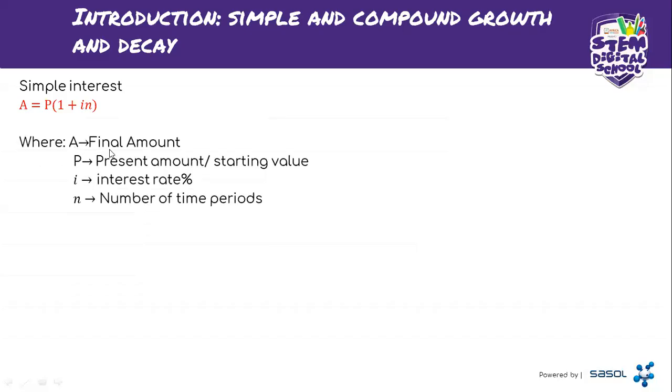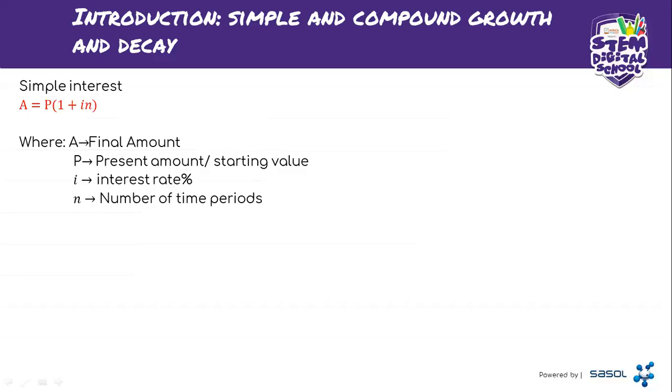For A, we know it's the final amount, or you can say it's the future amount or the accumulated amount. That is for A. And as for P, it's the present amount or the starting value. And then i is the interest rate in terms of percentage.